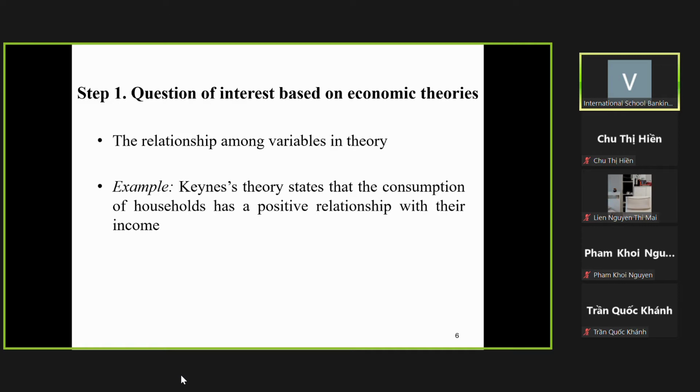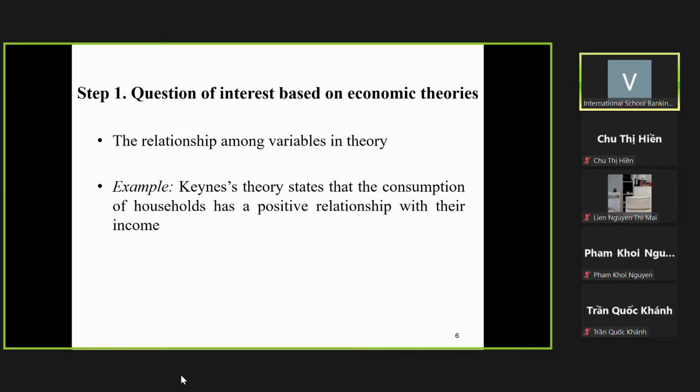So this kind of idea comes from subjects like macroeconomics or microeconomics. Or you want to analyze something about the stock market, right? So you can have many ideas.